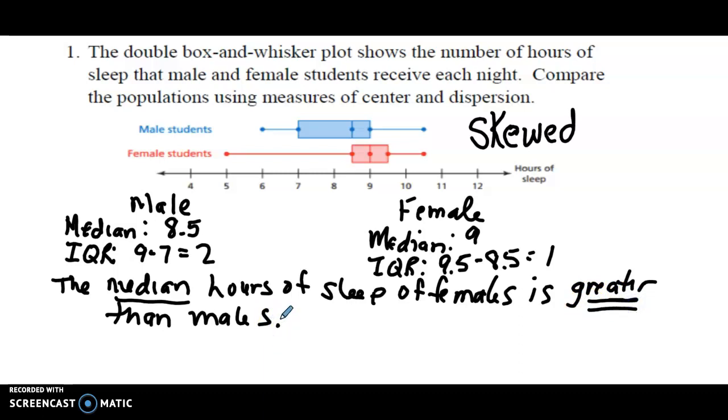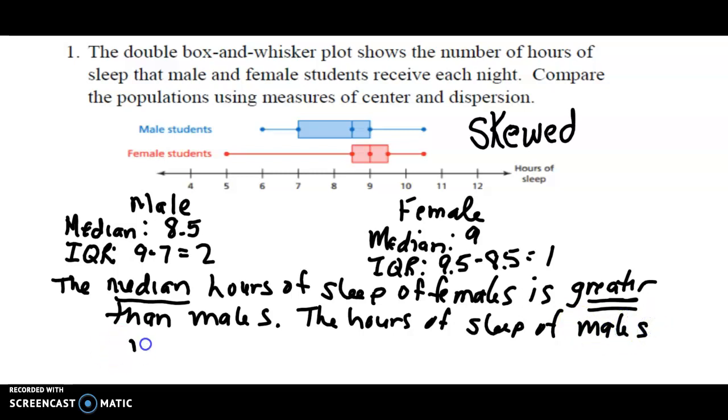Our second sentence is going to compare the measure of dispersion, which in this case was IQR. We don't have to actually name it because it's given that if you use the median, you use the IQR. So I'm going to say the hours of sleep of, and again, I'm going to use the larger one first, so I would say males.